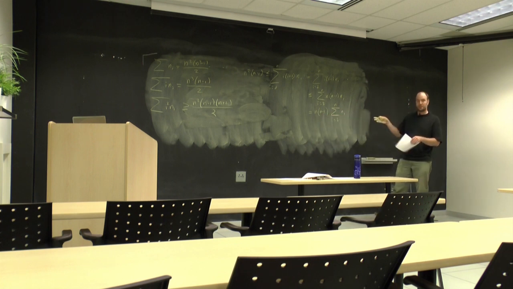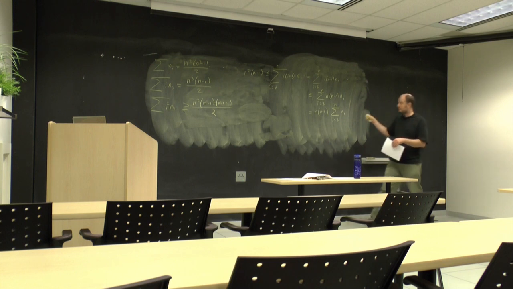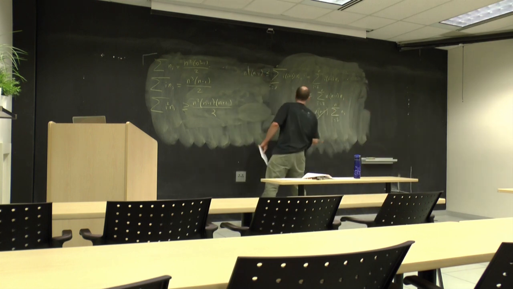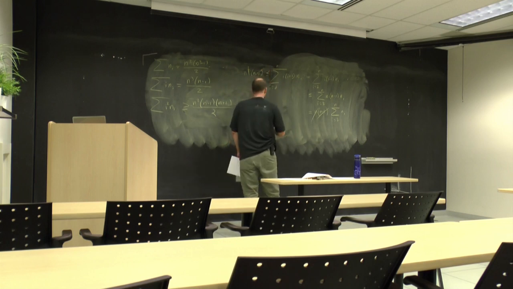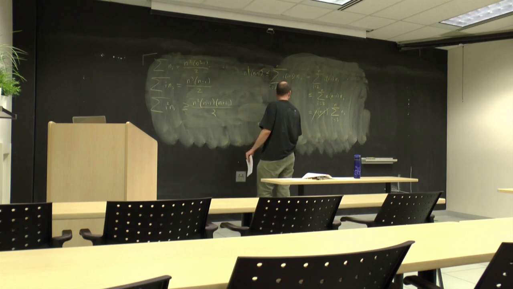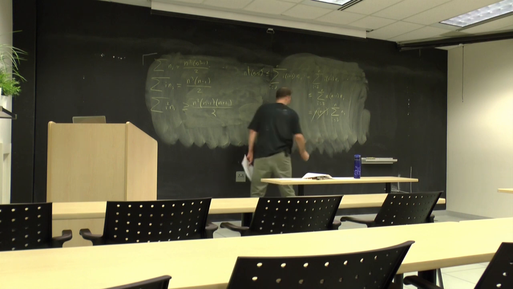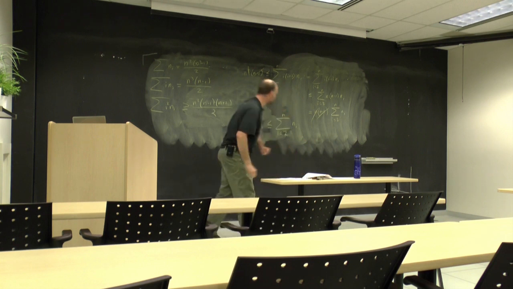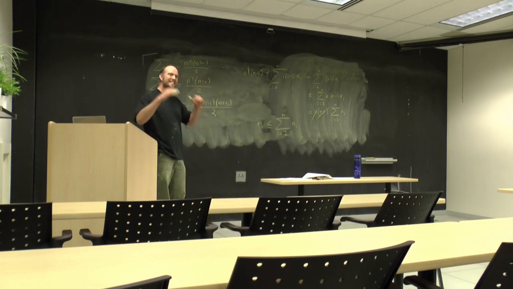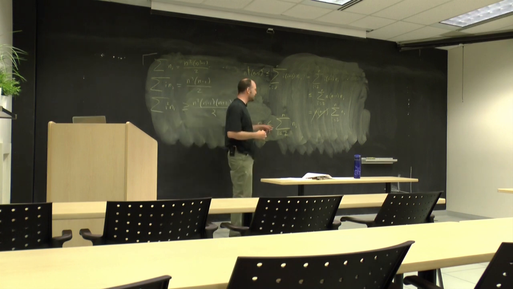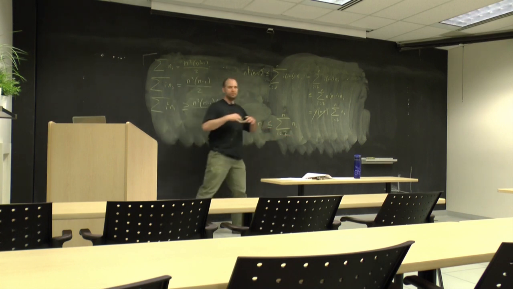And now I can cancel them on the upper and the lower bounds. And I get this. There are at least n pairs who see each other at least 2 times.